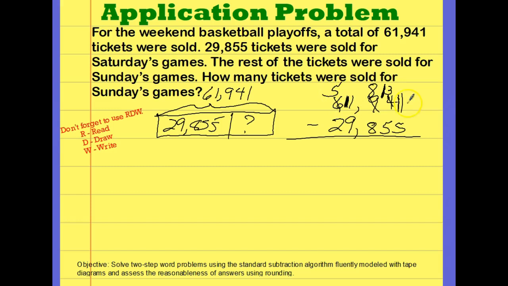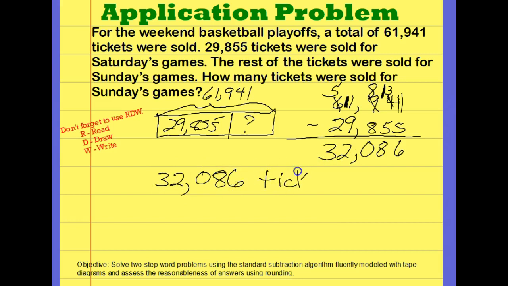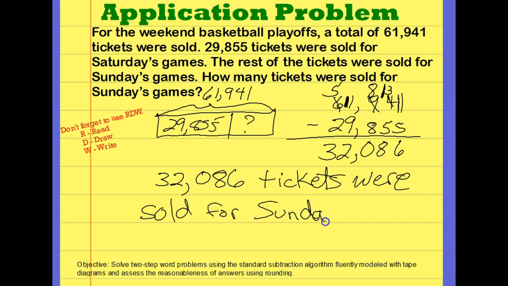There we go. 11 minus 5 is 6. 13 minus 5 is 8. 8 minus 8 is 0. 11 minus 9 is 2. 5 minus 2 is 3. So 32,086 tickets were sold for Sunday's game.